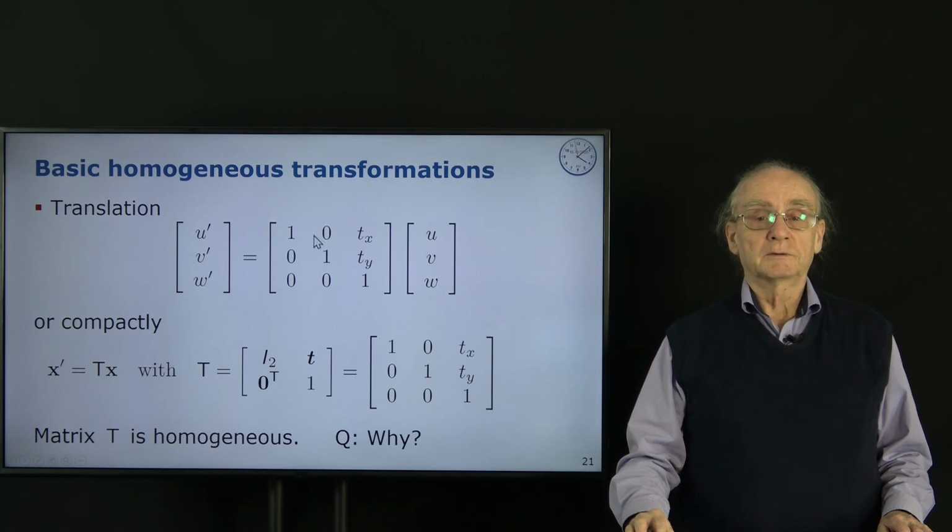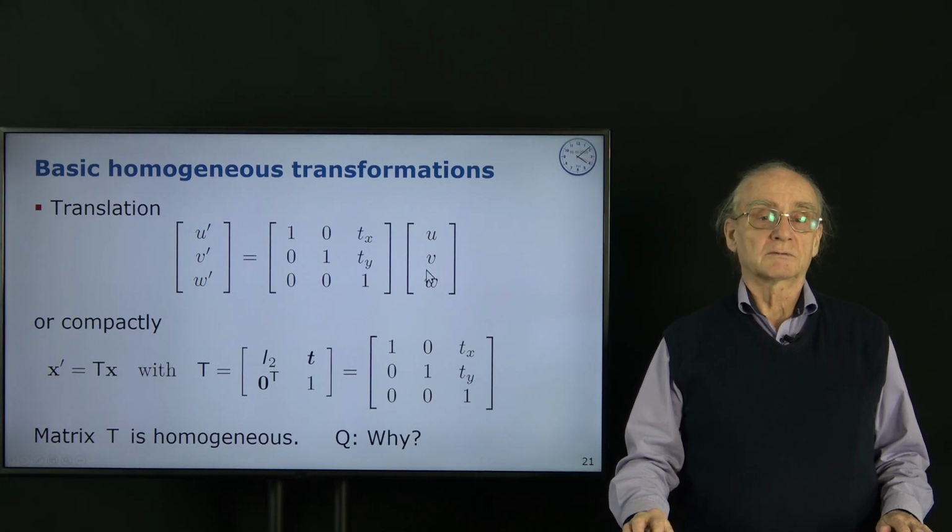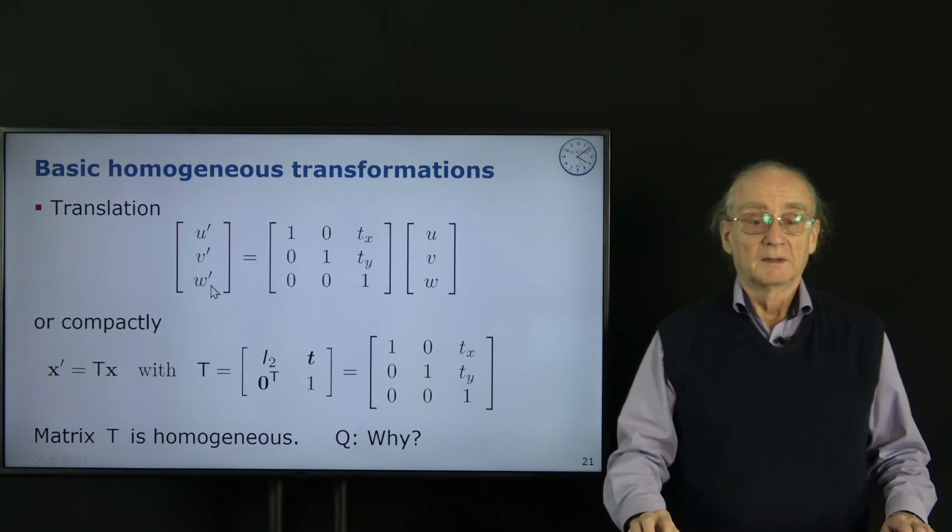Then of course we just need to add u and t_x, and v and t_y, which gives x prime equals u plus t_x, etc. Now this also holds for general coordinates, that means if w is not 1.